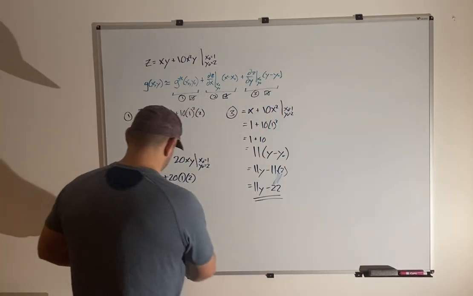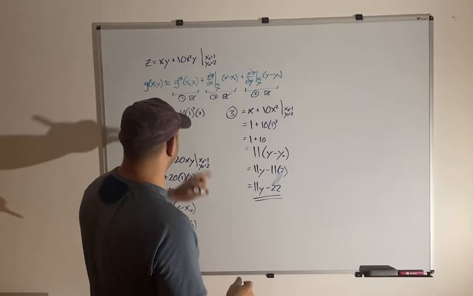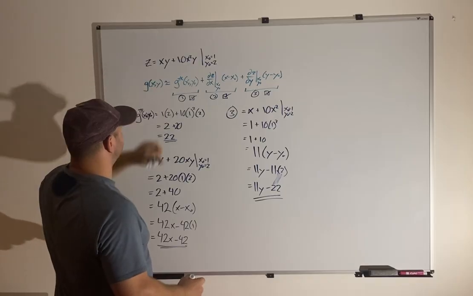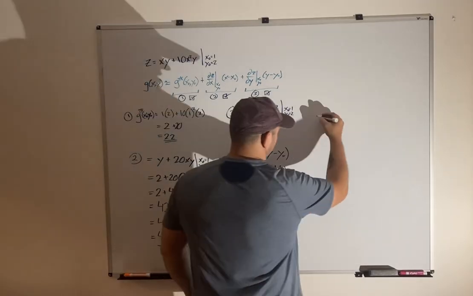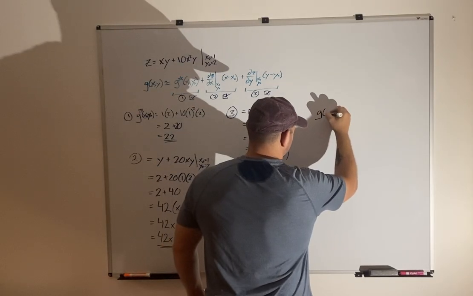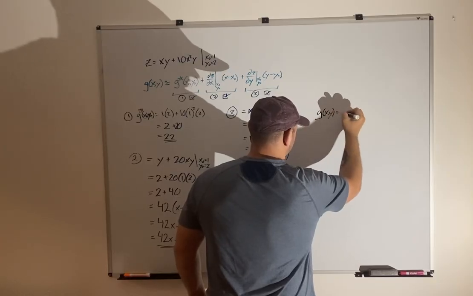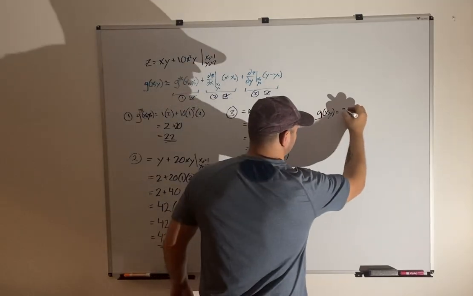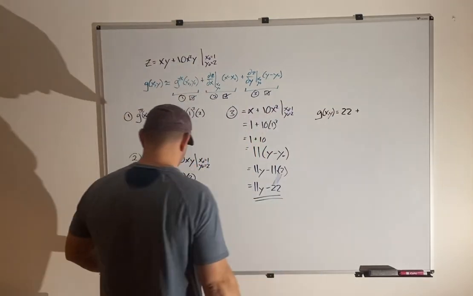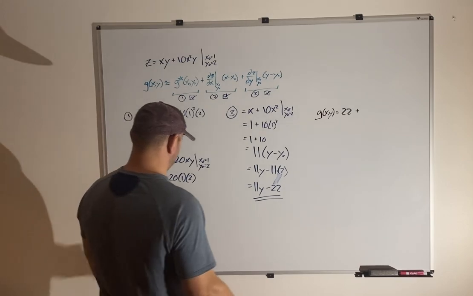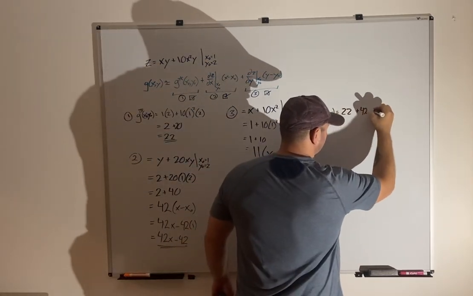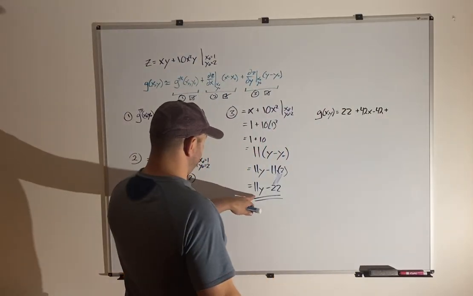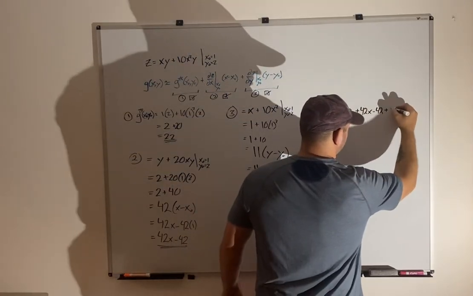All right, switch to a different color. We're going to bring it all together now. We're looking for the linearization of the z function in the form of g of x and y. So g of x and y is equal to our first term, 22, plus our second term, 42x minus 42, plus our third term, 11y minus 22.